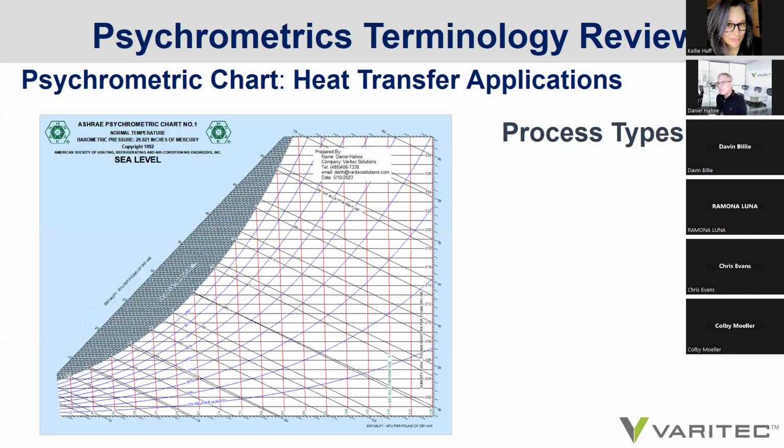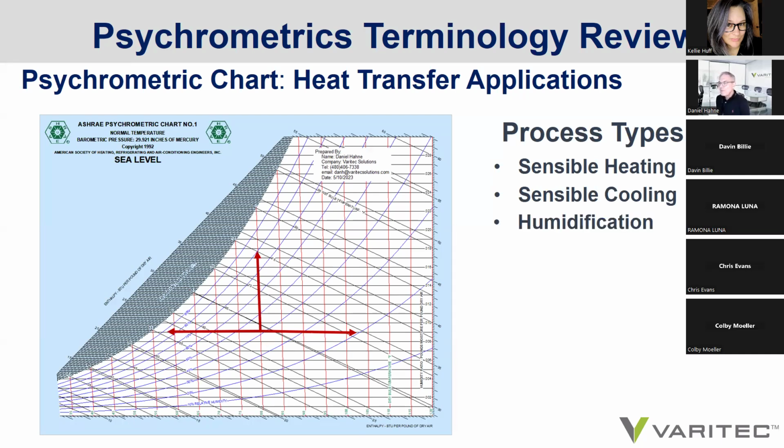So psychrometrically, there are several different processes. We have sensible heating, where we actually add heat or thermal energy to a sample of air, driving the state point to the right from a given state point when we heat air. We have sensible cooling.